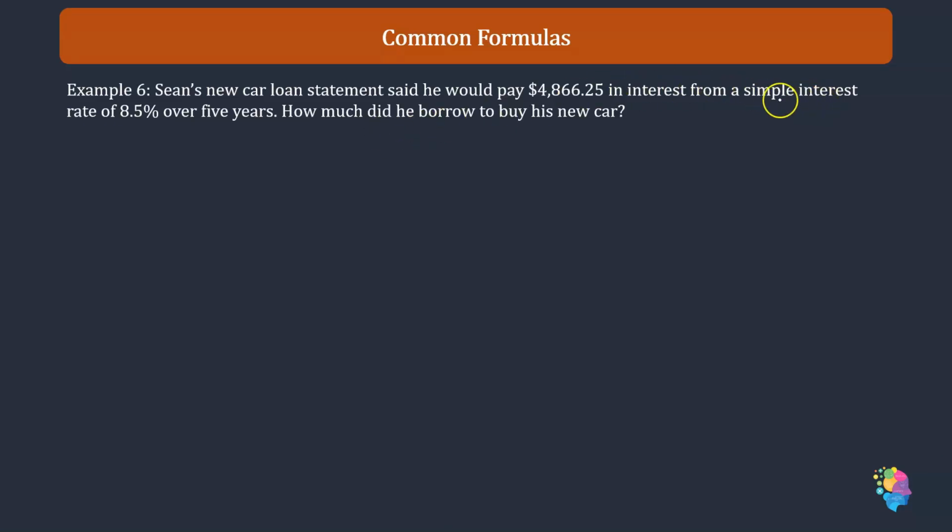Because they're talking about simple interest rate, I am going to use the formula I equals PRT. I represents the interest. In this case, Sean is going to pay $4,866 with 25 cents.